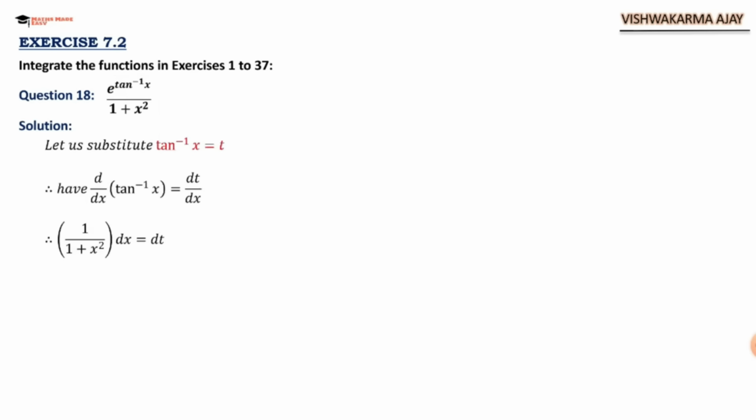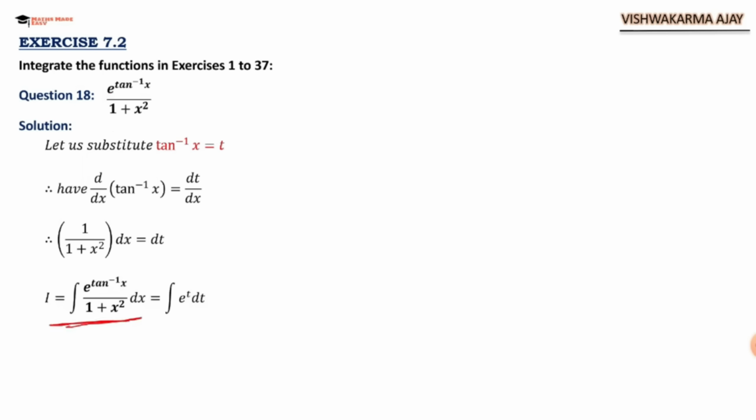So let's substitute tan inverse x is equal to t. The derivative of tan inverse x is equal to dt upon dx. When you write the derivative, you will get 1 upon 1 plus x square dx is equal to dt. Now this part here, dx, can be replaced with dt, and this is t. You will see how simple it is.